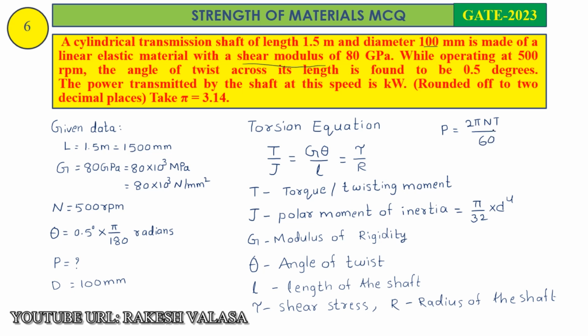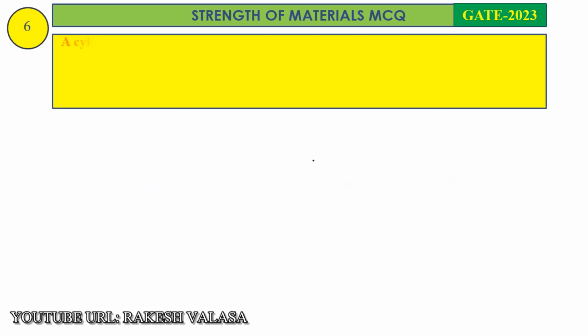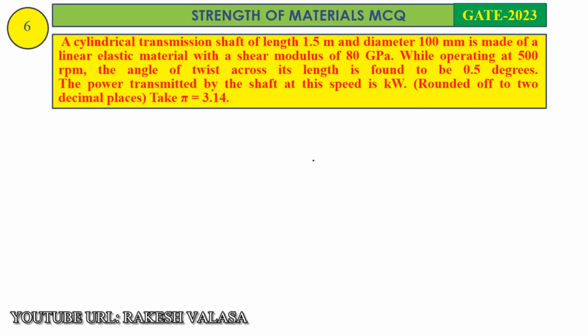By using the torsion equation, we need to find T. From the torsion equation, you can write T by J equal to G theta by L. Take the first two terms.